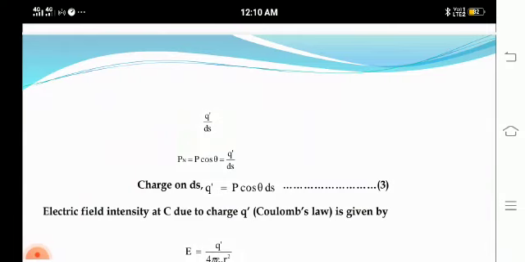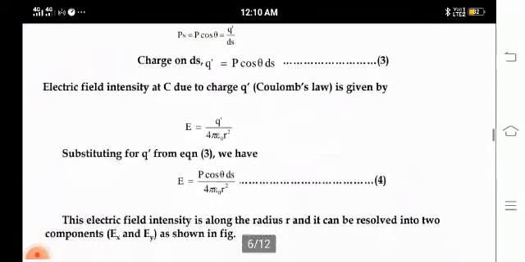The electrical field intensity at C due to Q dash, from Coulomb's law, is E equal to Q dash divided by 4 pi epsilon naught r squared. By substituting the value of Q dash, we get E equal to P cos theta ds divided by 4 pi epsilon naught r squared.